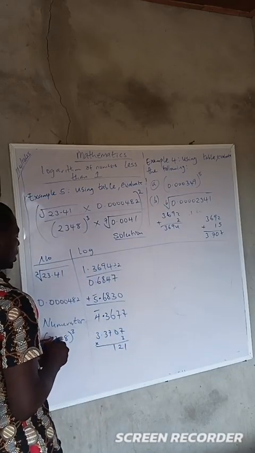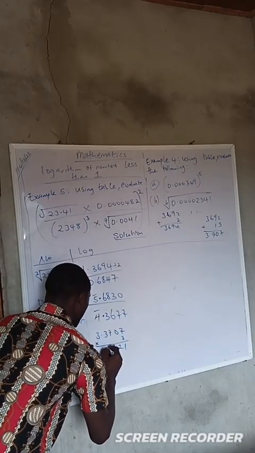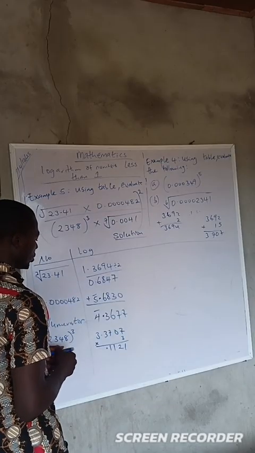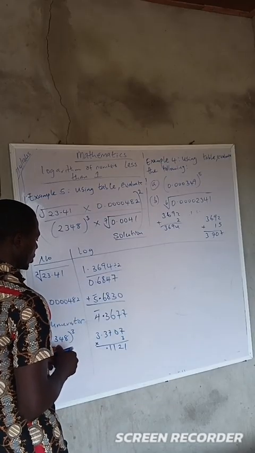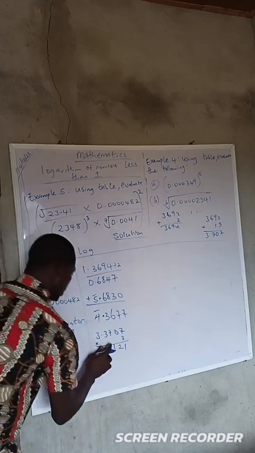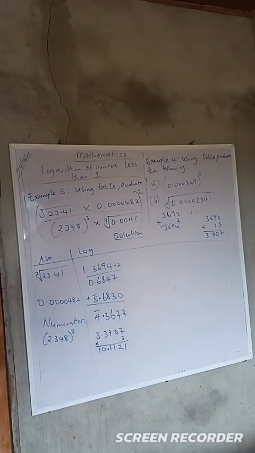Then 3 times 3, 9 plus 2, that's 11, you write 1 again, carry 1. Then 3 times 3, that's 9, plus 1. You have what? You have 10. So we have 10 point, we have 10.1121.